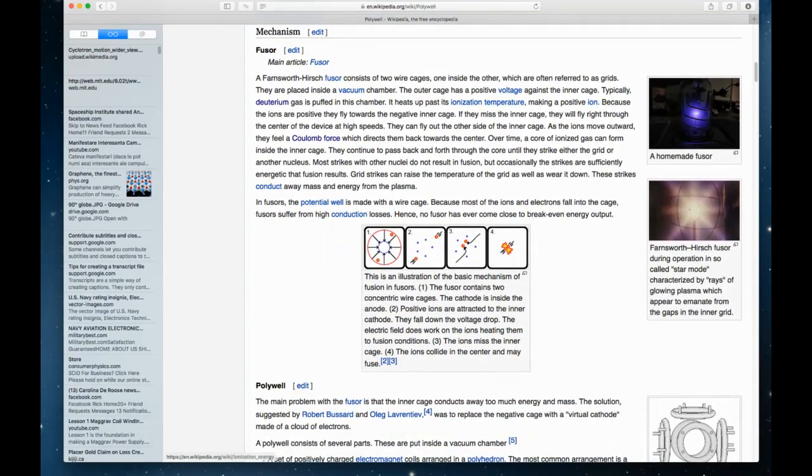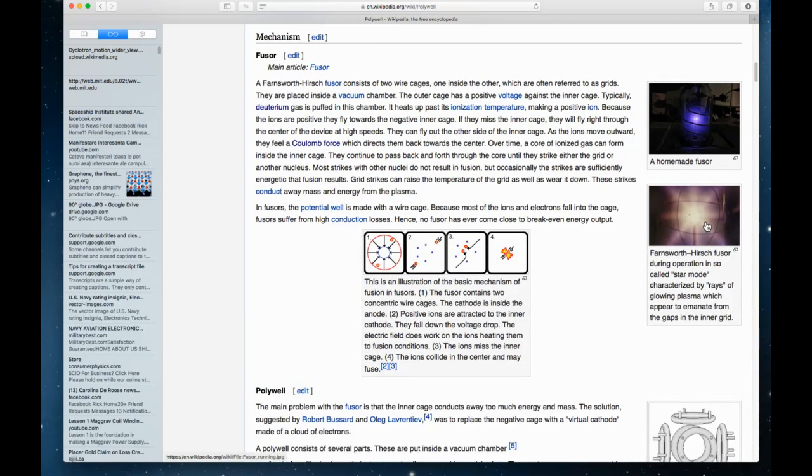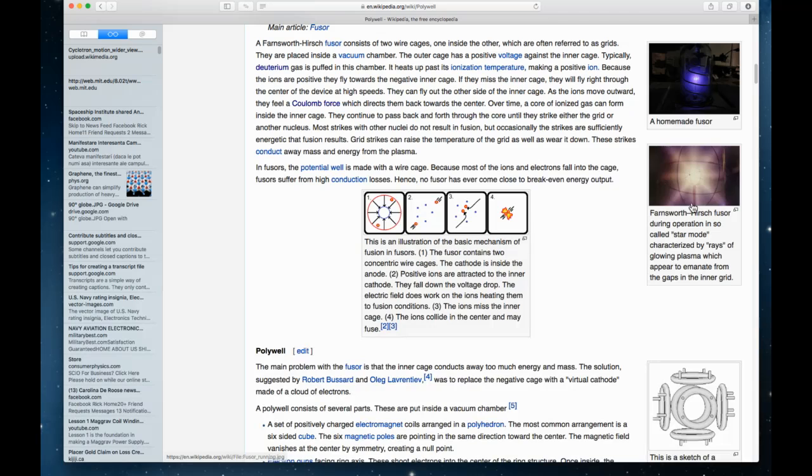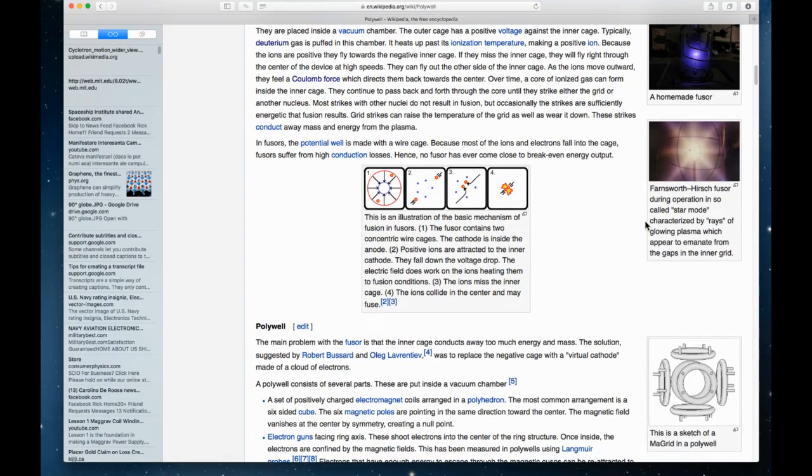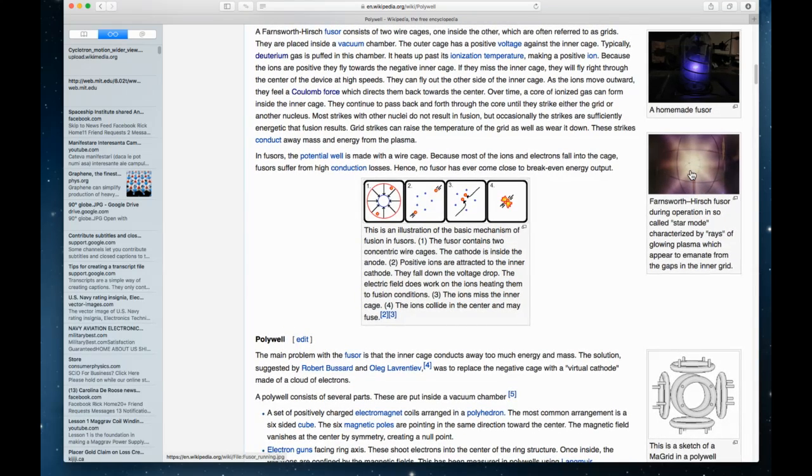And people make their homemade units, making little fusers that actually work with fusion. They don't give off more than they put in, but they're working on that. And with a vacuum chamber, you can come up with these pretty cool fusers. They have a basic coil arrangement with a vertical coil and a horizontal coil, very much like we were just told by Mr. Keshe.